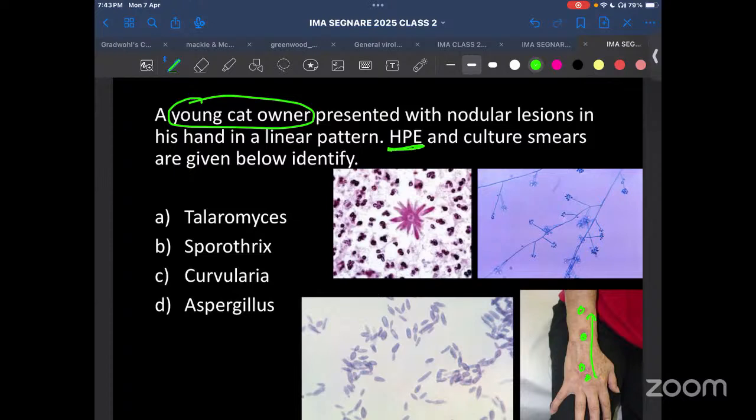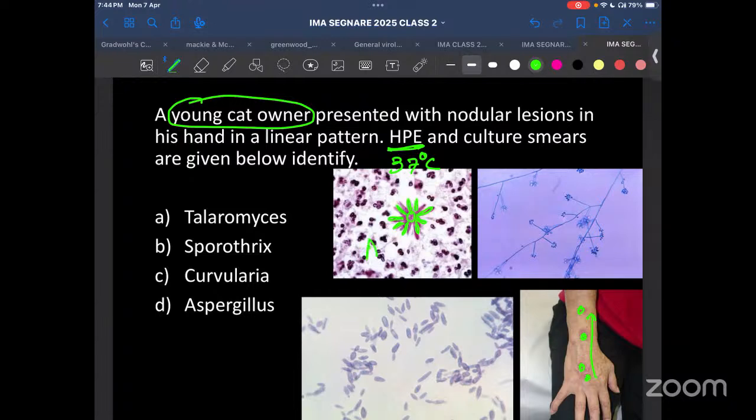Now what is given here? Histopathological examination is given here, which means it is from the tissue. So the temperature is 37 degrees Celsius. And what is seen here? See, in the center, there is a yeast, and it is surrounded by eosinophilic radiating material. So it looks like the sun.